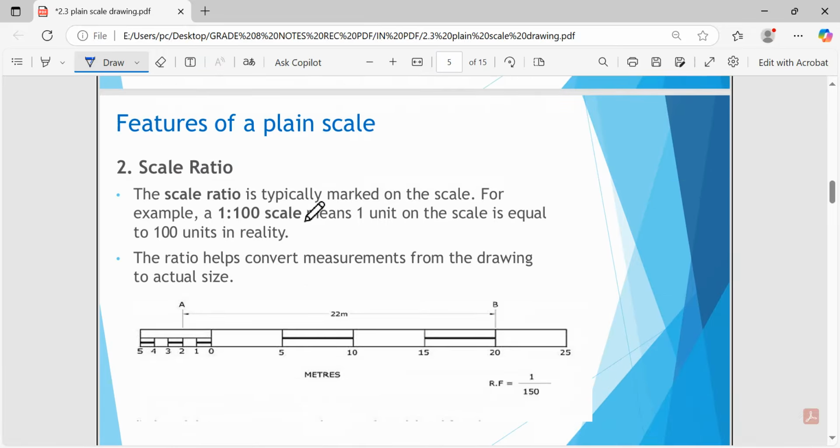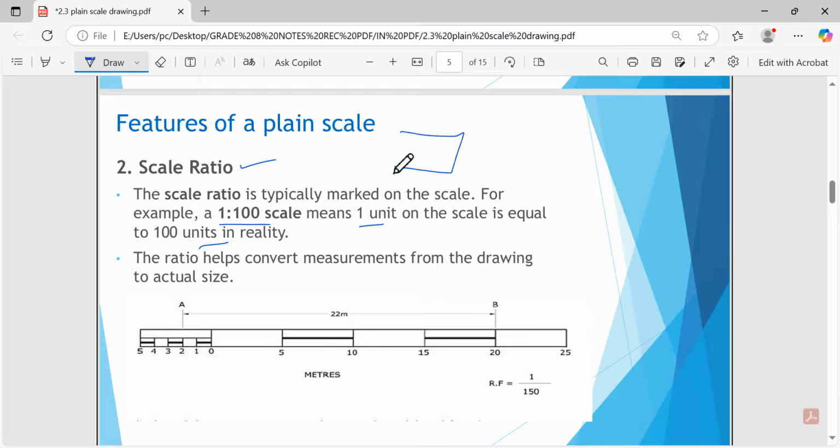Now another feature of a plane scale is the scale ratio. The scale ratio is typically marked on the scale, for example, 1:100, which means 1 unit on the scale is equal to 100 units in reality. If I say 1:100, remember 1 and 100 are using the same unit. In most cases, this means 1 centimeter on my drawing.